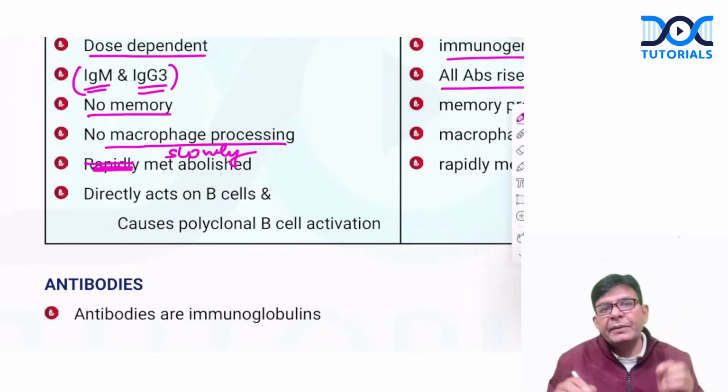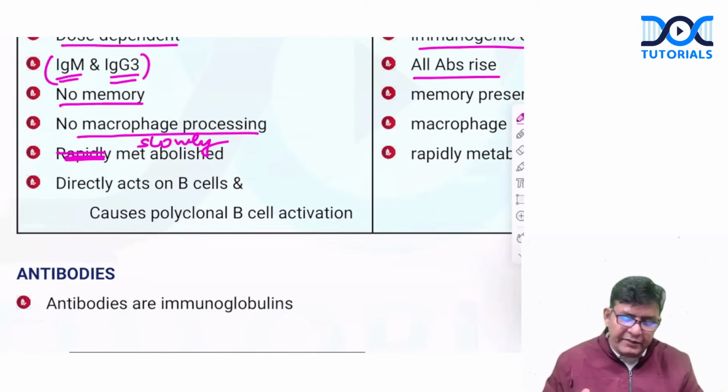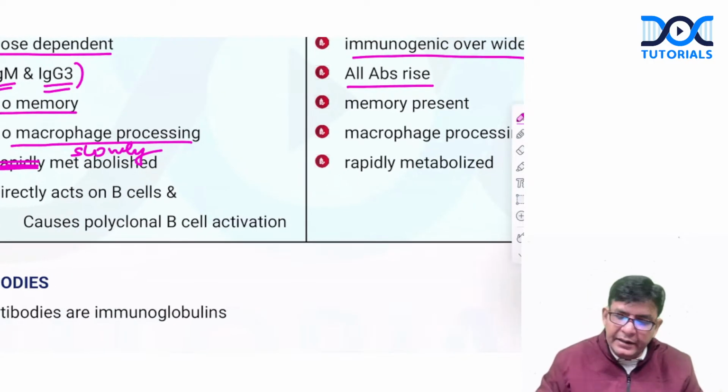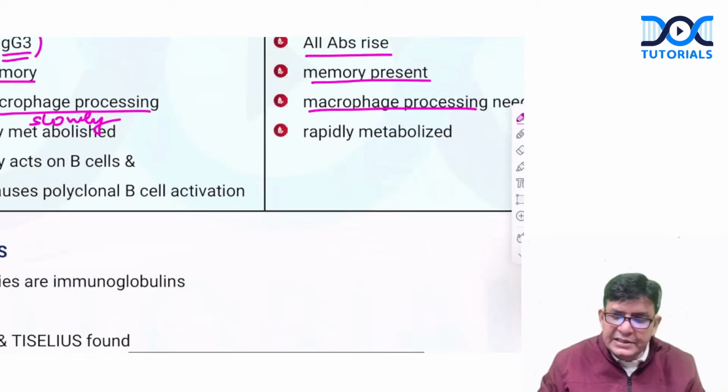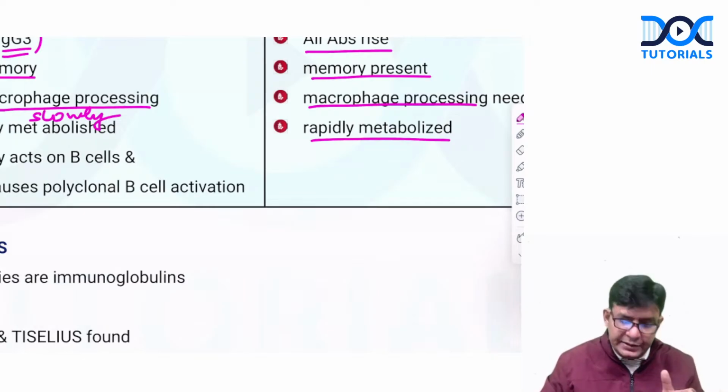That's why the immunogenicity is less. Whereas in the T dependent, memory is there, macrophage processing is seen, and it is rapidly metabolized, meaning immunogenicity is very high.